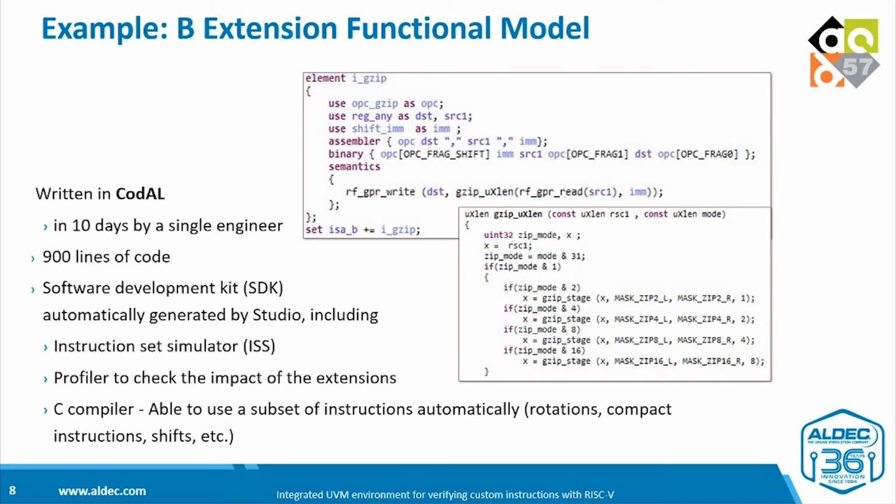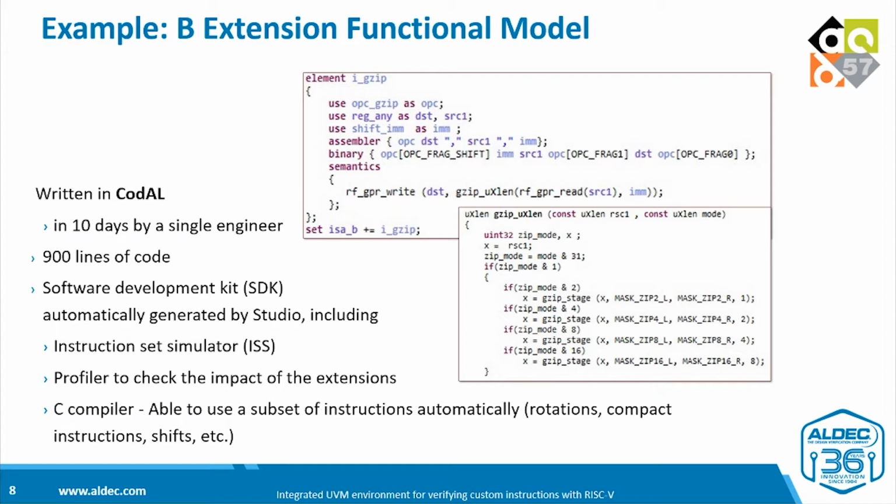So how complex is it to extend a RISC-V core? We did an exercise with a single engineer and asked the engineer to take the draft RISC-V-B extension and implement it in the CodAL language. The first stage was to write an instruction-accurate functional model.